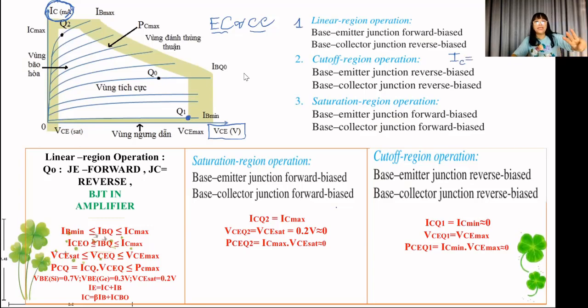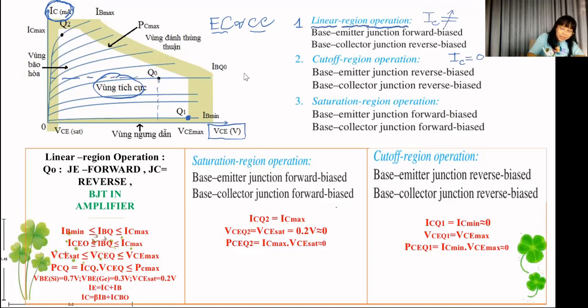We have the 3 positions on the output volt-ampere characteristic. You can see this area has a little bit of position. We have the current not equal to 0 and increasing. We call this the linear region of operation.